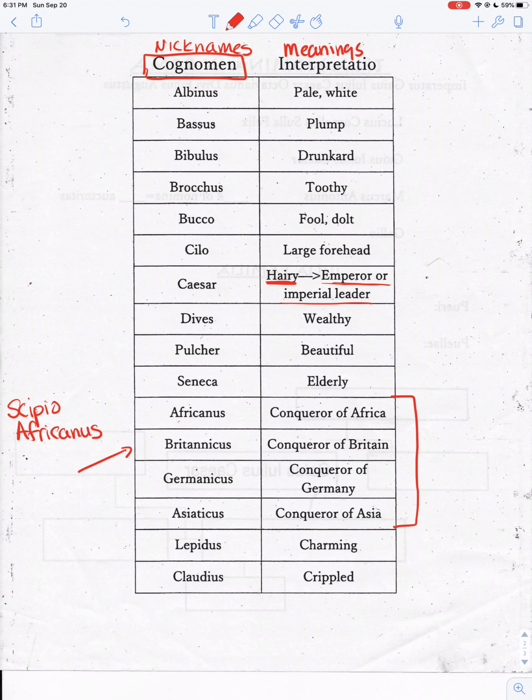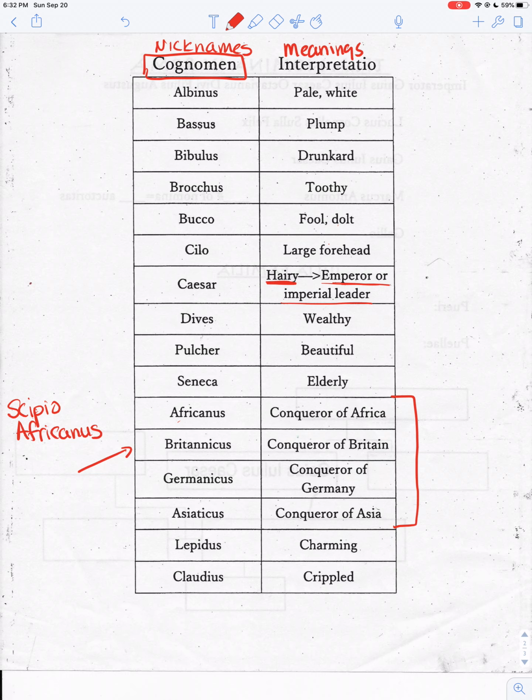There was a man named Britannicus because his father conquered Britain. I believe it was Claudius, the Emperor Claudius. He managed to finally claim part of Britain, and he was awarded the name Britannicus, and he passed it down to his son, because again, first sons get exactly the same name as their father. So his son's name was Britannicus.